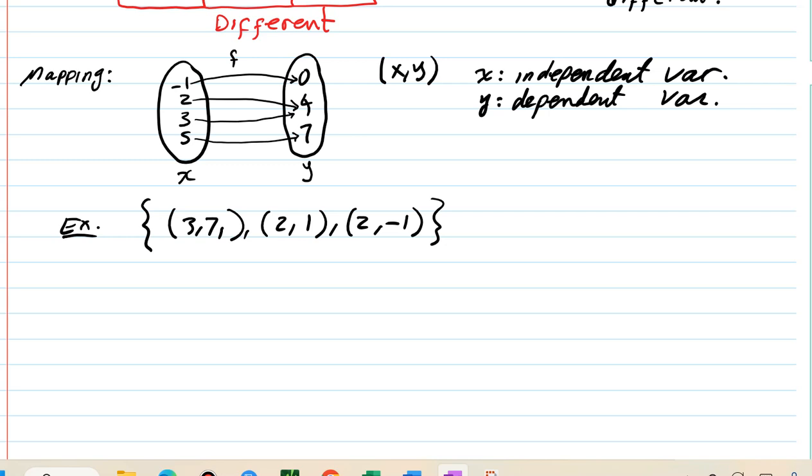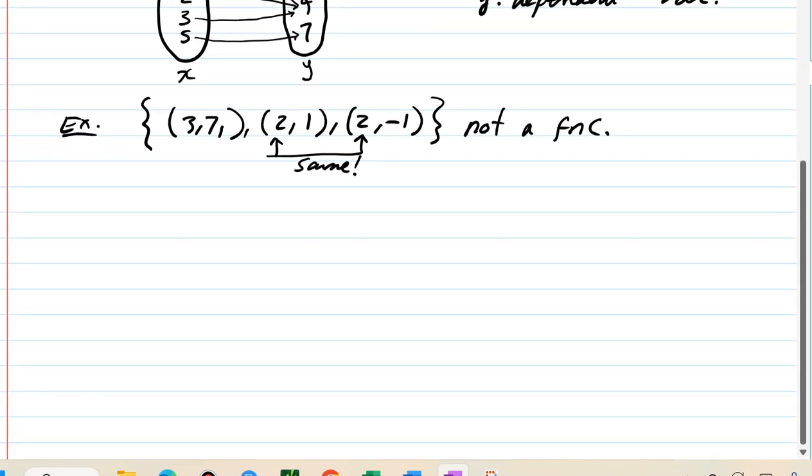So again, if I look at the first components, oops, these are not different. These two are the same, right? So let me just say it suffices that two of them are the same. So this is not a function. Not a function.